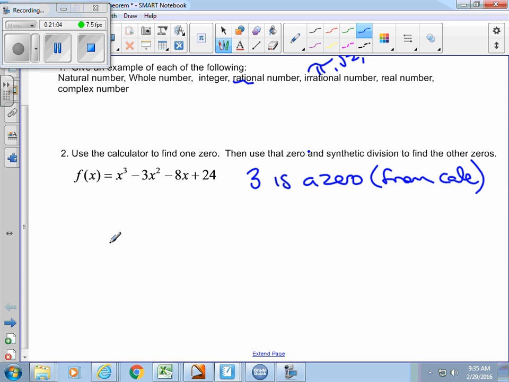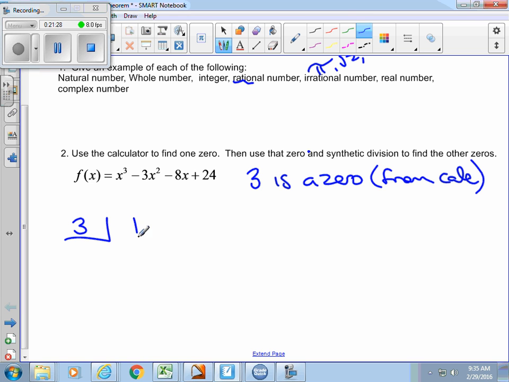So it says use the calculator to find one 0, and then synthetic division to find the others. Would you agree that from the calculator, the one that's close to -3, the best I can do is a decimal from the calculator? So this is going to allow me to find that exactly.